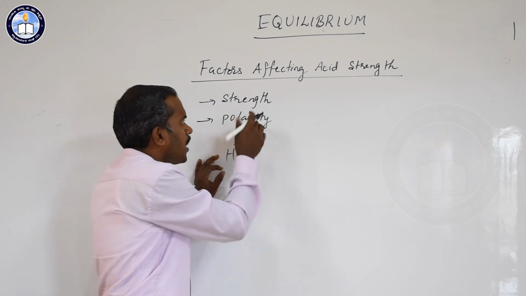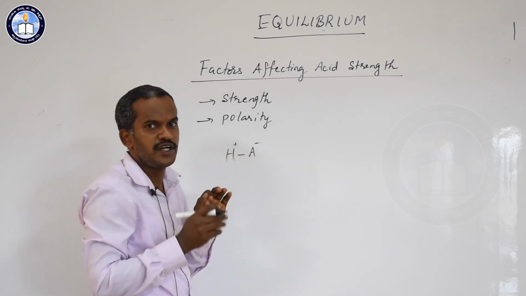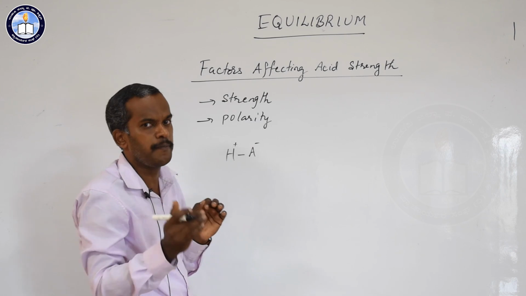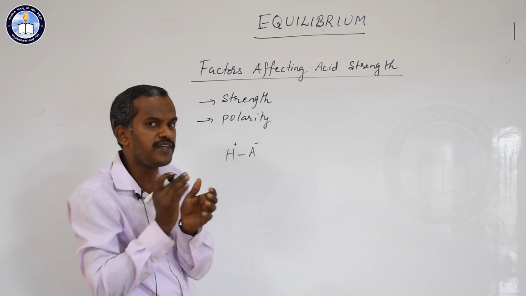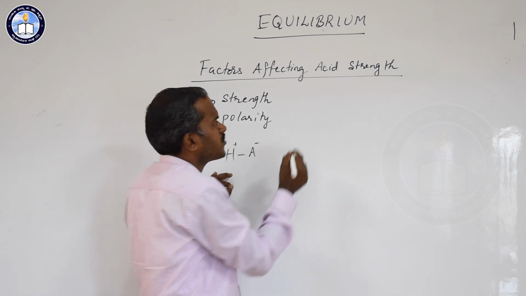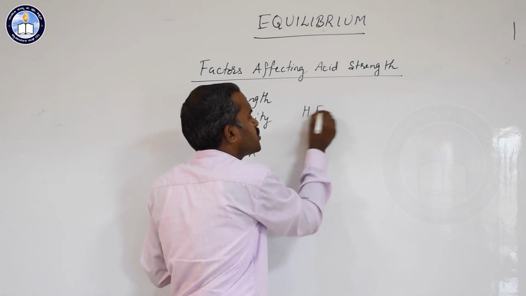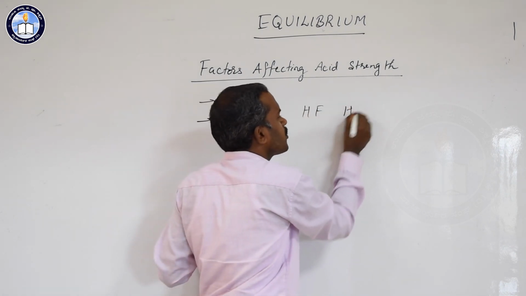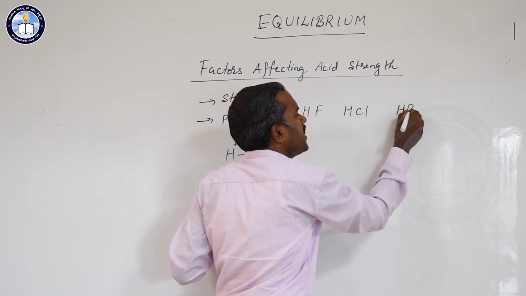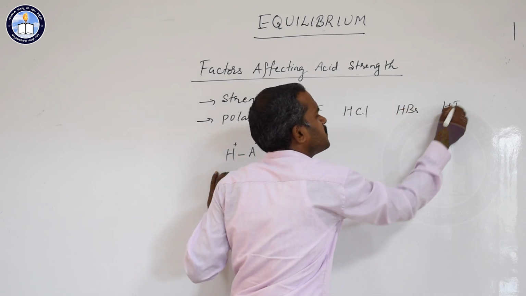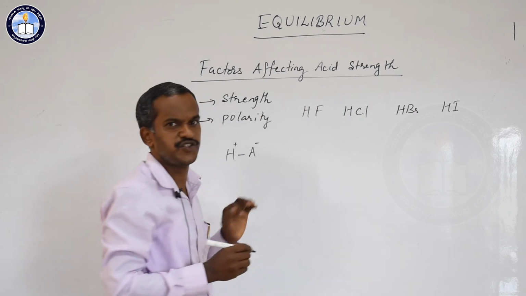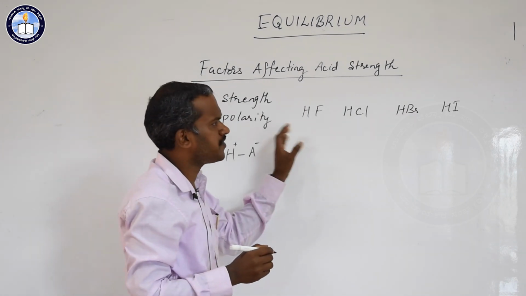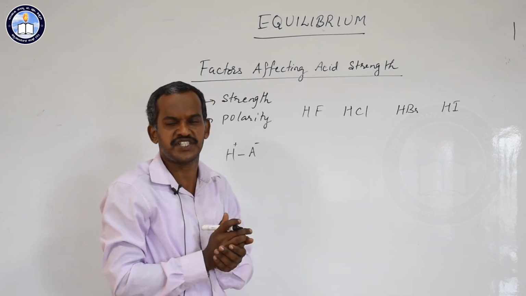Now considering these two factors, down the group and along the period, how do they have an impact on acidic strength? Let me take up an example: hydrogen fluoride, hydrogen chloride, hydrogen bromide and hydrogen iodide. Among these four acids, which has the maximum acidic strength?